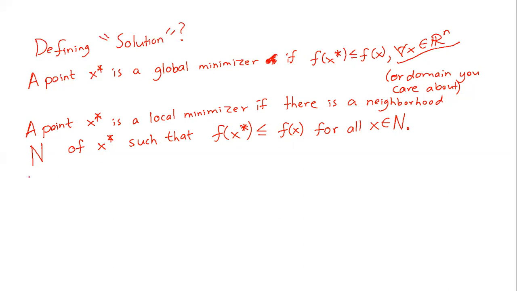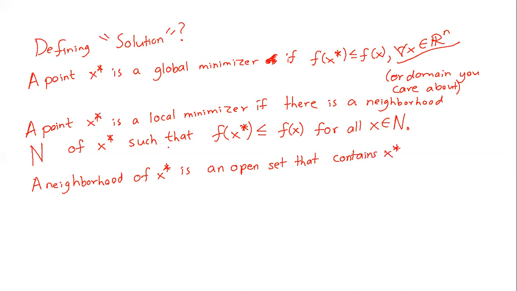Then you might ask, what's a neighborhood? A neighborhood of x star is an open set that contains x star. When we talk about an open set, generally here, we mean around an n-dimensional vector.